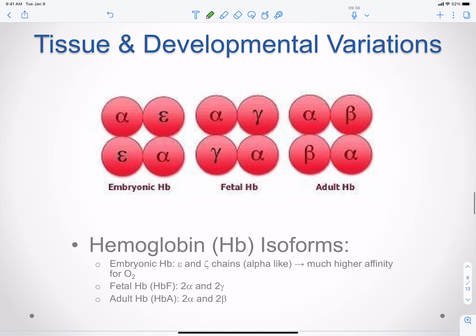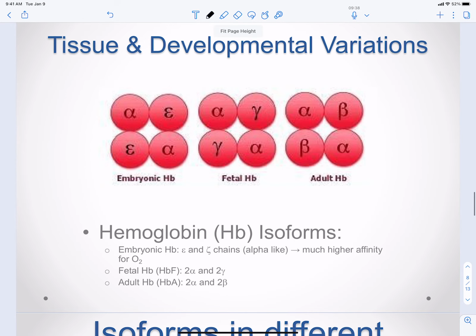All right, so developmental variation on our hemoglobin. We have, of course, embryonic hemoglobin, fetal hemoglobin, and adult hemoglobin. Now, embryonic hemoglobin is epsilon and zeta chains. I know they have alpha here, but it's really a zeta chain. I'm very bad at drawing zeta symbols, so I'm just going to write it.